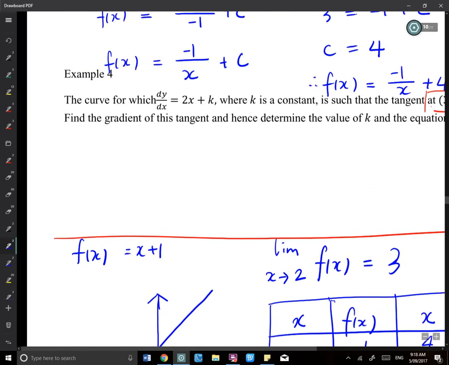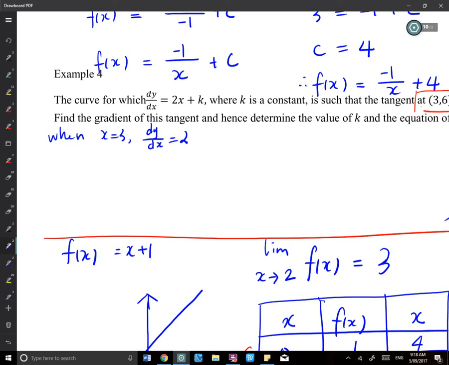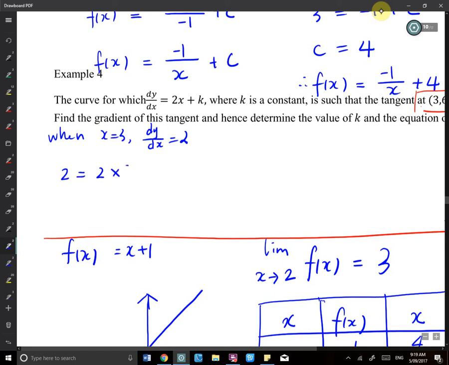What that tells you is when x equals 3, dy/dx equals 2, because dy/dx means the gradient of the tangent. So 2 equals 2 times 3 plus k. k equals 2 minus 6, k equals minus 4. So dy/dx equals 2x minus 4.